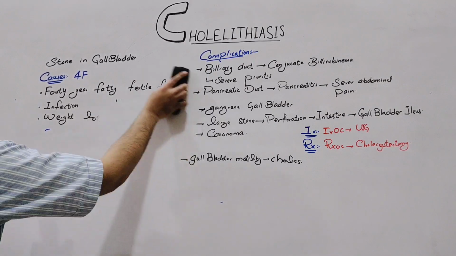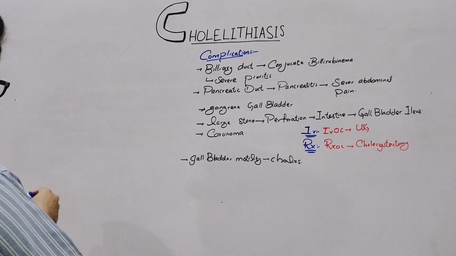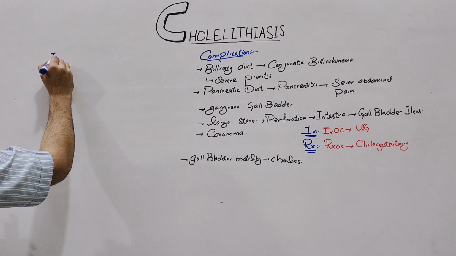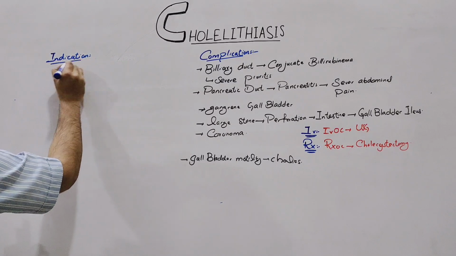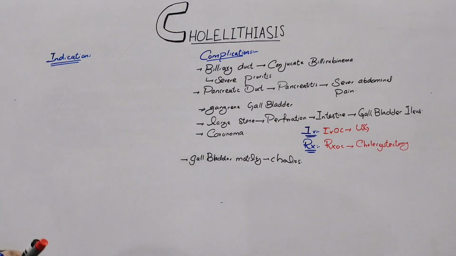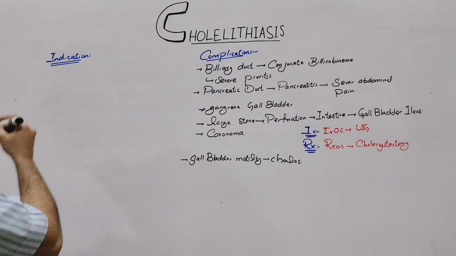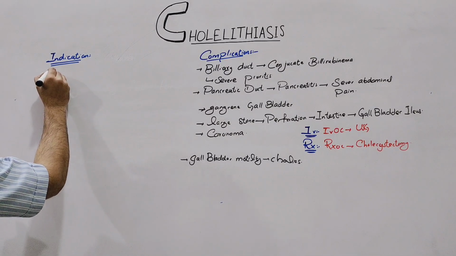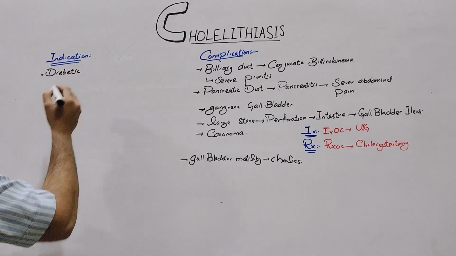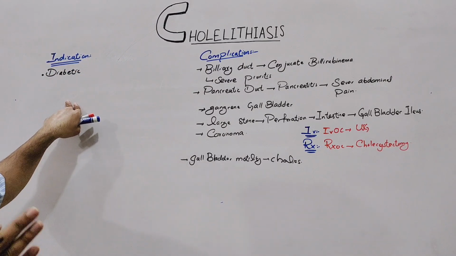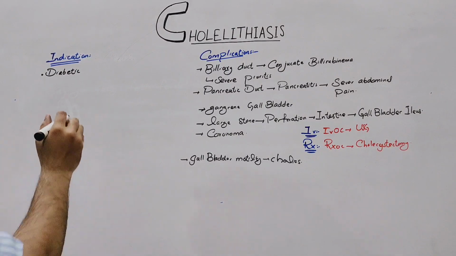Because if this condition is asymptomatic, there is no need to do cholecystectomy, and we can't operate on every patient presenting with colic pain. If the patient is diabetic, that is the one indication you should remember. If the patient is diabetic, symptomatic or not, you should do cholecystectomy.